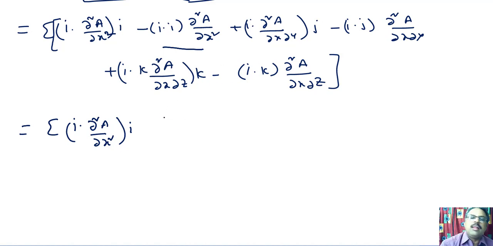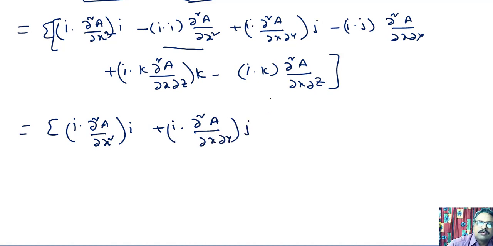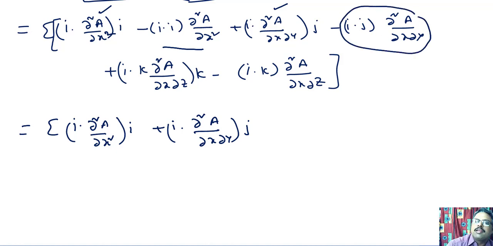Now this is i dot dou square A by dou x dou y into j. This term is completed. Now i dot j equals 0, so this entire term is 0. And also i dot k is 0, so this term is also 0.